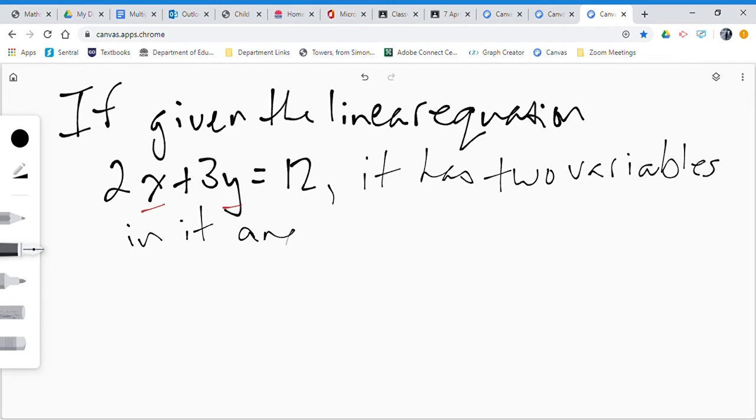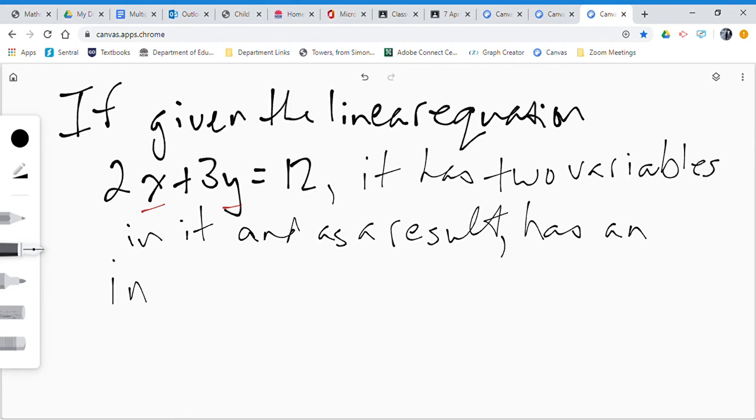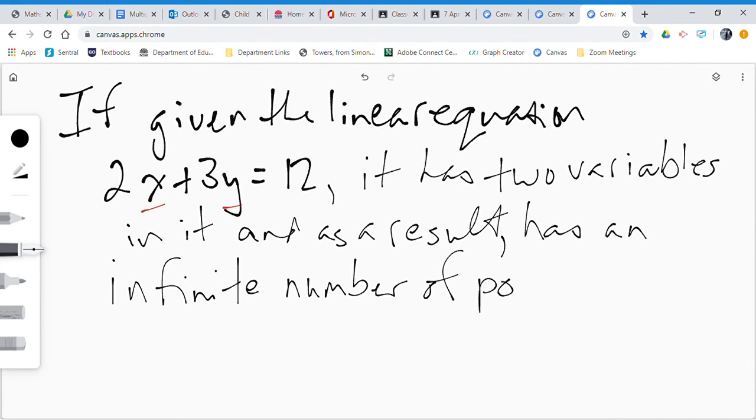And as a result, it has an infinite number of possible solutions.